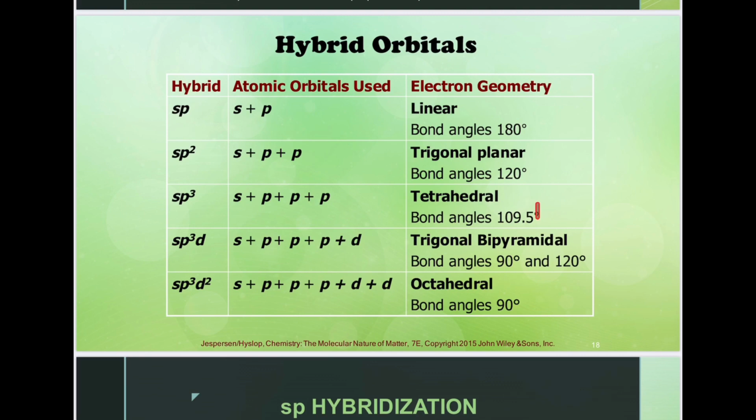The electron geometry is tetrahedral. For the sp3d, meaning that this one has 5 electron domains, so 1s, 3p, and 1d. The electron geometry is trigonal bipyramidal. For the sp3d2, the electron domain is 6, which is the atomic orbitals use 1s, 3p, and 2d. The electron geometry is octahedral.